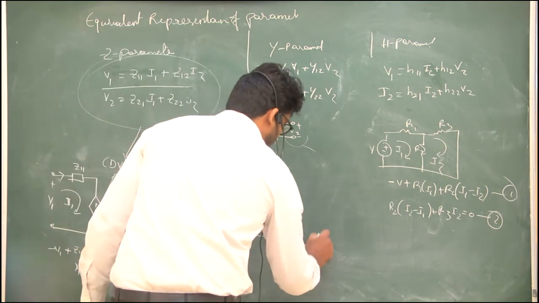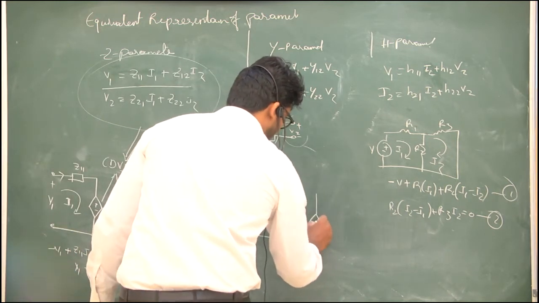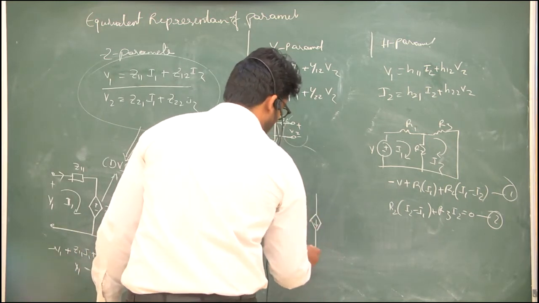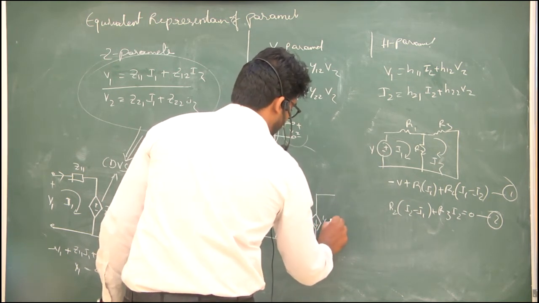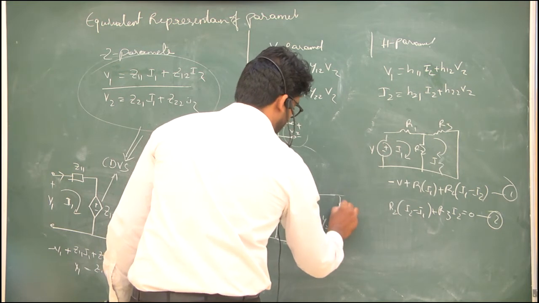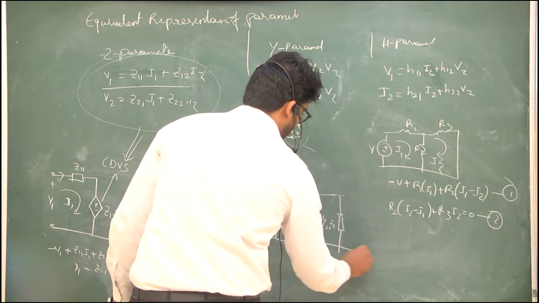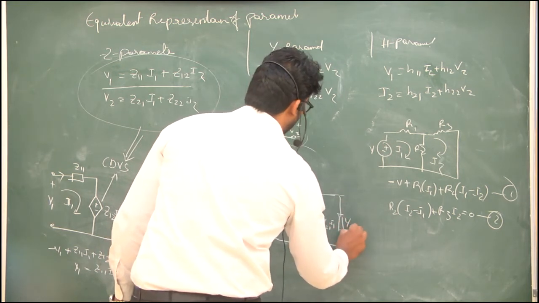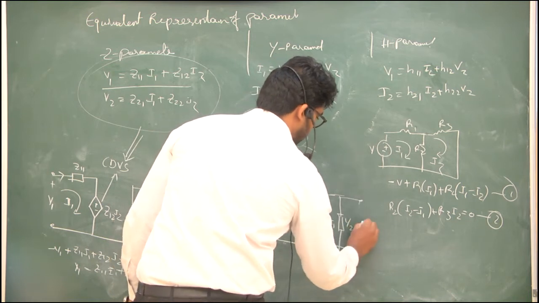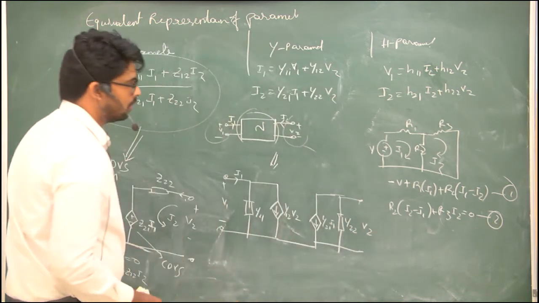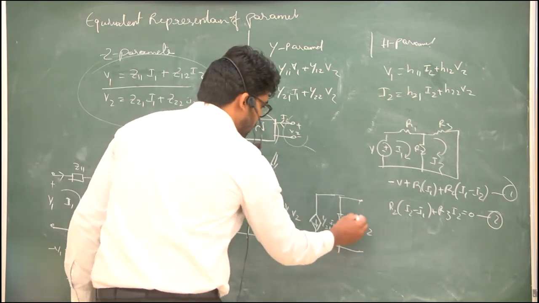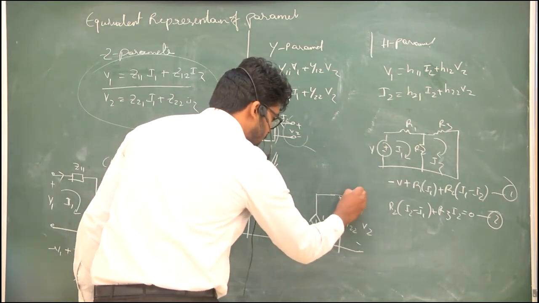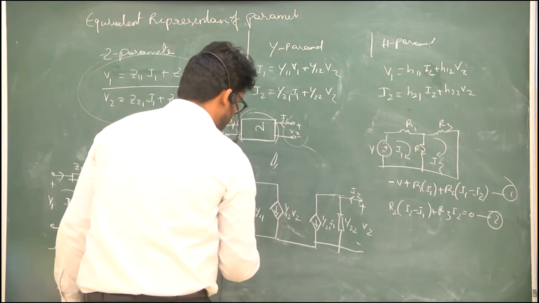And again, for the other port, the other circuit, I am naming this Y21 V1 in parallel with Y22 V2. This is the representation of Y parameters. So current I2 is entering, and current I1 is entering.